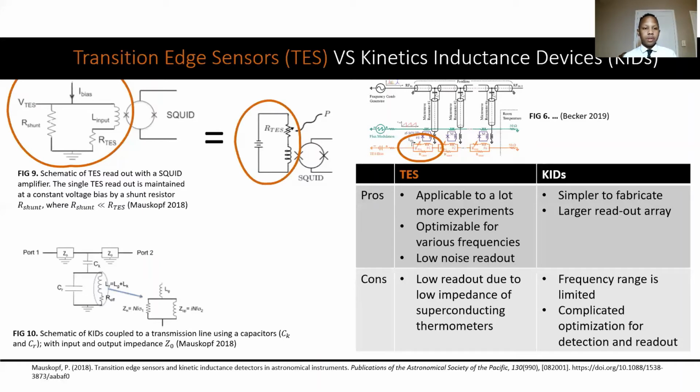But one of the few cons that it has is the readout, in that it doesn't consist of as many readout arrays as the KIDs, but that can be accommodated for by putting together a collection of detectors to accommodate for the readout.